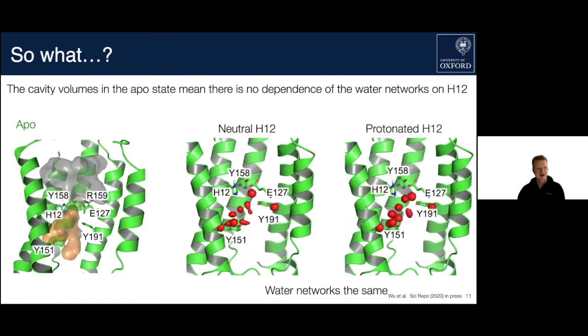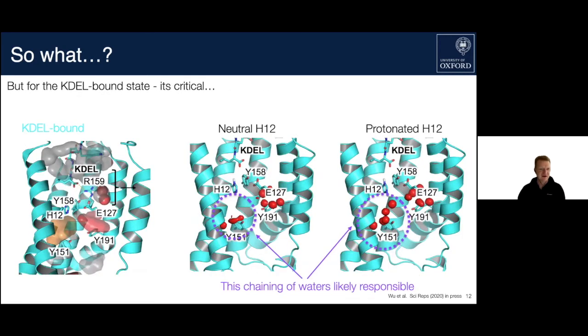So the cavity volumes in the apo state are such that there's no difference in the water networks that form in there. If you look at this neutral pocket and the pattern of water density that we see in the pockets, you can see that it's very similar to the situation when we've got histidine protonated. So the water networks are essentially the same. On the other hand, if you look at the KDEL bound state, then there's a very important difference.